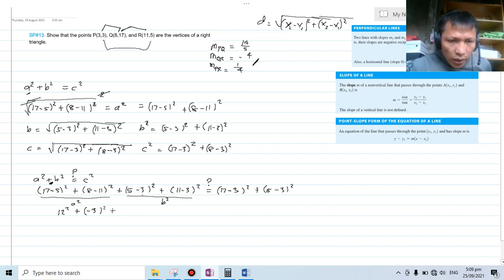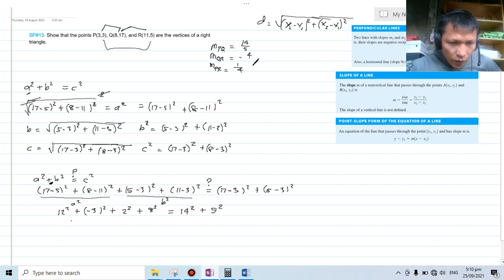Plus 5 minus 3, that is 2 squared, plus 11 minus 3, that is 8 squared. How about 17 minus 3, that is 14 squared, and 8 minus 3, that is 5 squared.